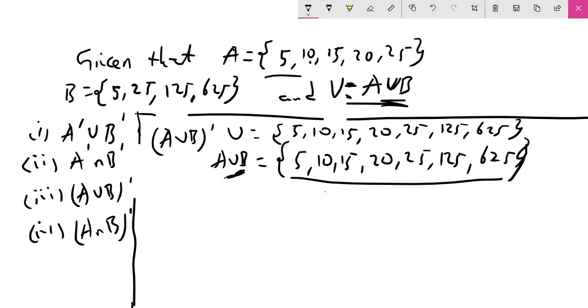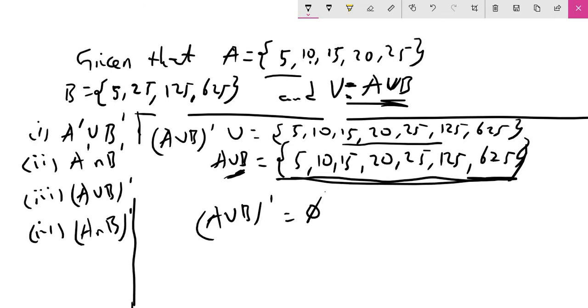So what element is absent here, but present within the universal set? We see that it's nothing. So this gives the null set again. And again, this can be written as simply an empty set.